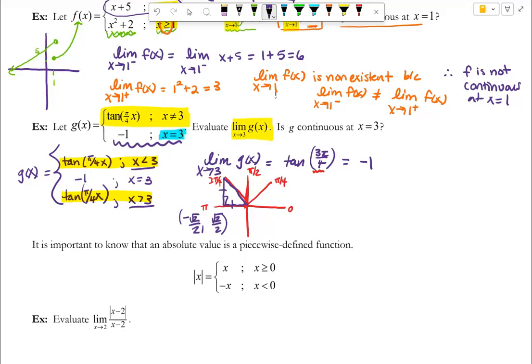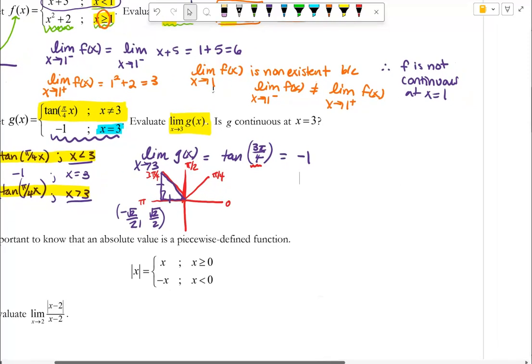Okay, so our second question, is G continuous at x equals 3? And going back to the definition of continuity, for G to be continuous at x equals 3, it must be the case that the limit of G as x approaches 3, first of all, it has to exist. And we know it does, we just found it, it's -1.